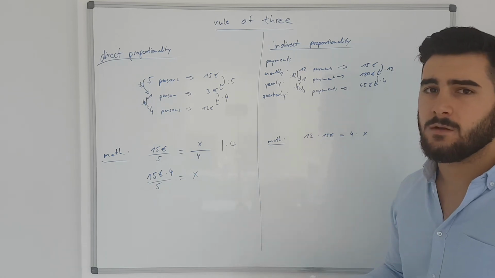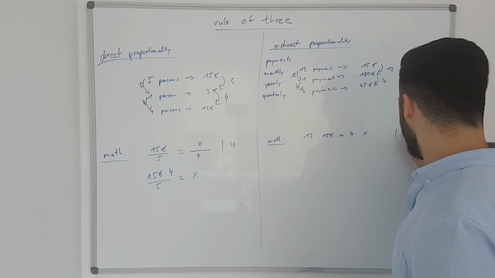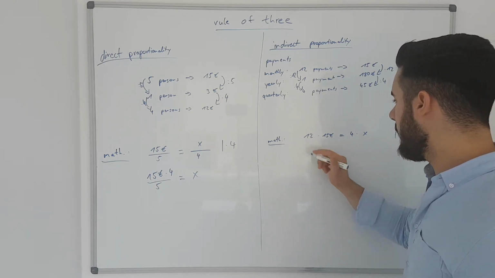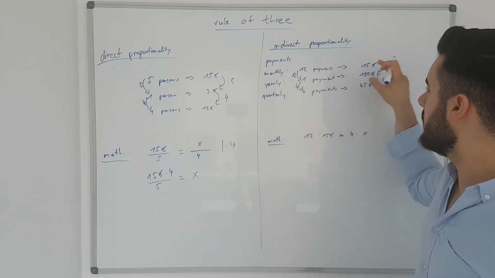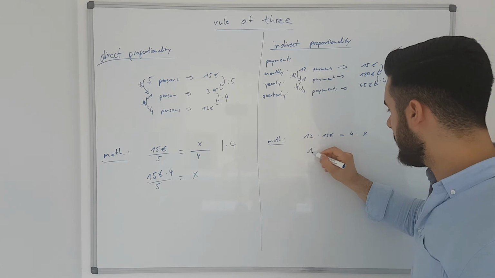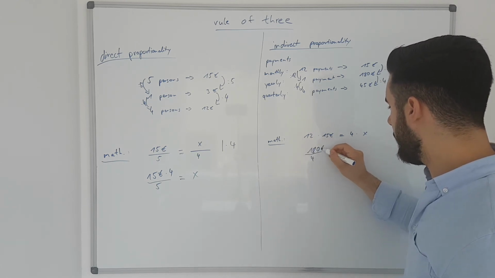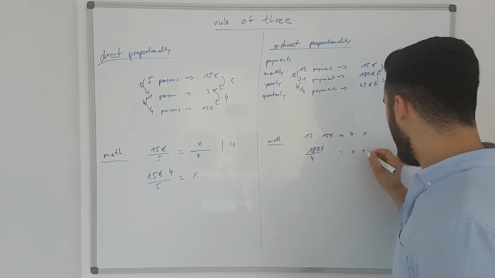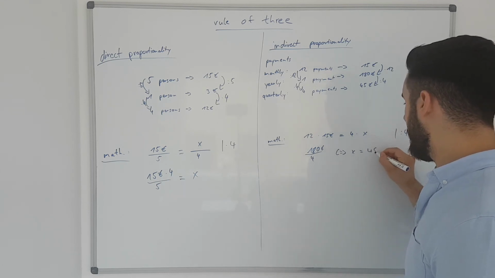So again, mathematics that isn't too hard. We divide the whole thing by 4. So 12 times 15 euros divided by 4. You know that 12 times 15 is 180. So divide this by 4 and you will get x is equal to 45 euros.